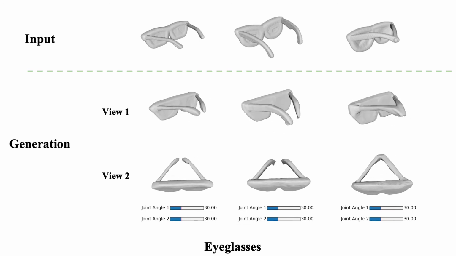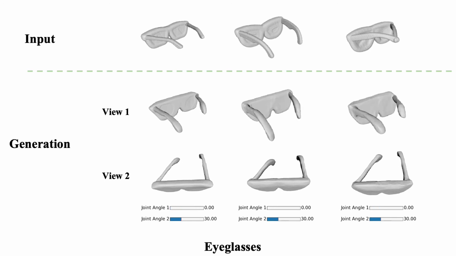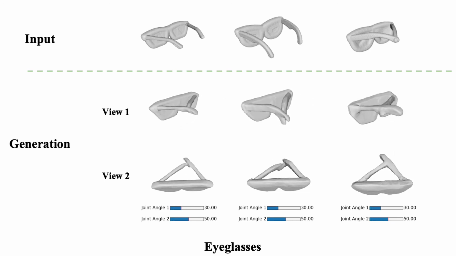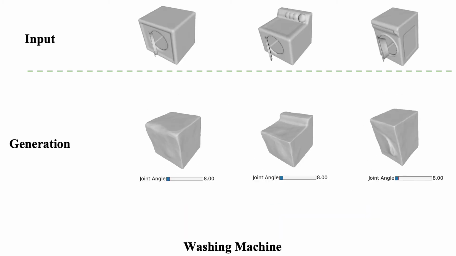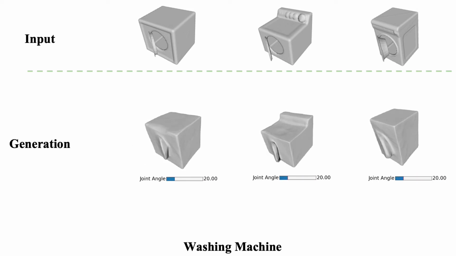Similarly, for eyeglasses, given a single instance with some unknown joint angles, the temples can be articulated by only modifying the joint angle inputs. For different washing machines, as shown at the bottom, our method successfully captures different body shapes and generates valid articulated shapes.